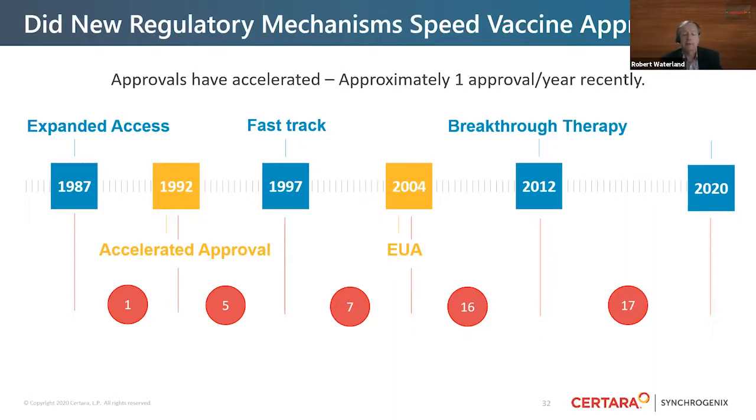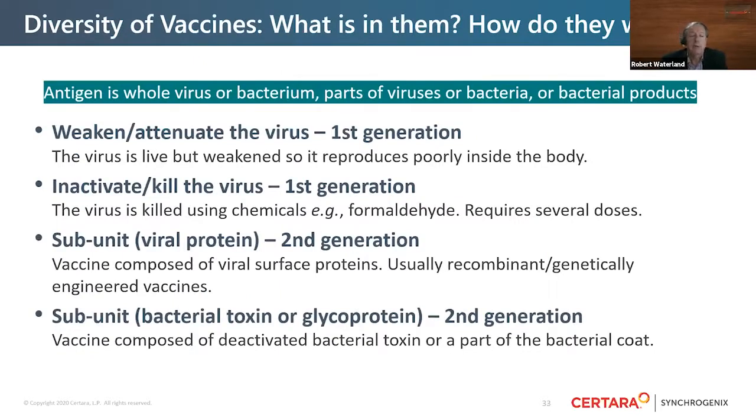So next slide, please. Let's talk about vaccines themselves. A lot of talk going on about what's in them, how do they work. There are a small number of strategies for designing vaccines. Generally speaking, vaccines fall into 3 classes. There are first generation, second generation, and third generation vaccines.